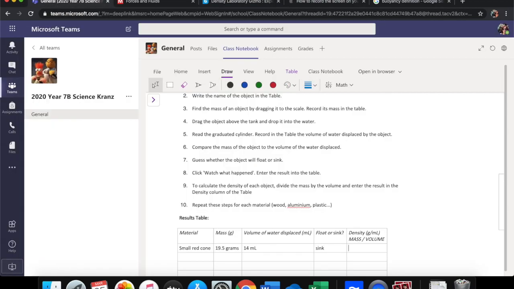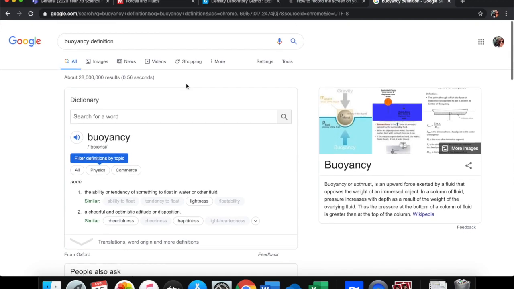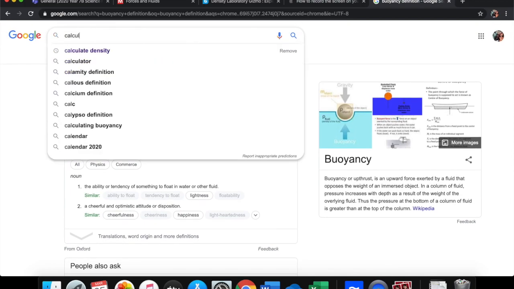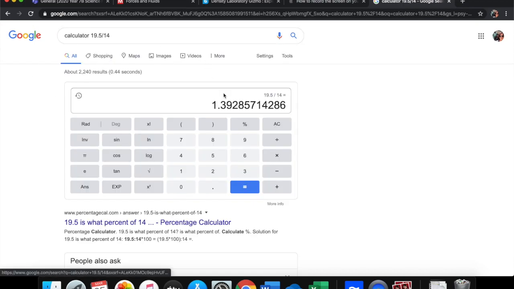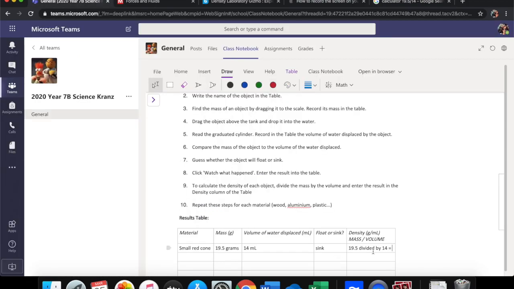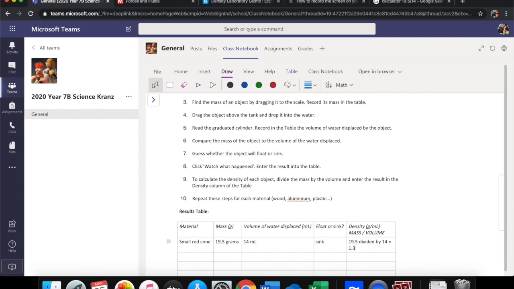And its density. Here you're going to do 19.5 divided by 14. Let me use the calculator: 19.5 divided by 14. I'm just going to write 2 decimal places, 1.39 grams per milliliter.